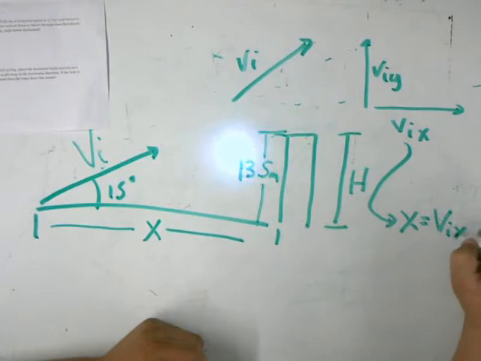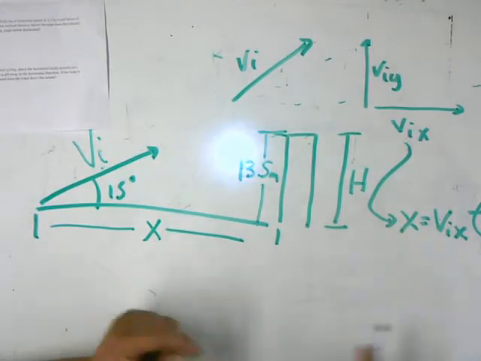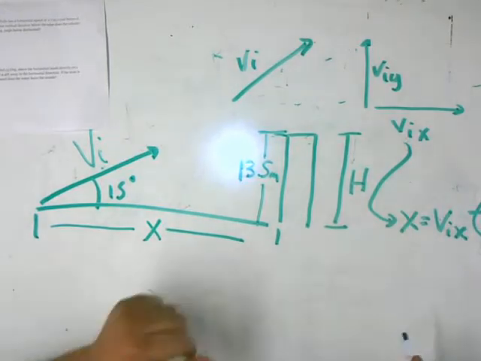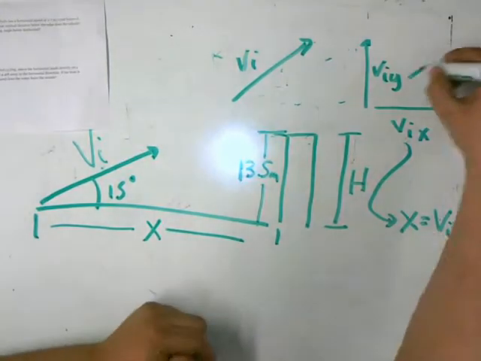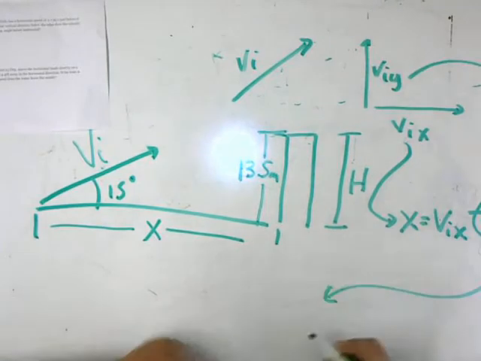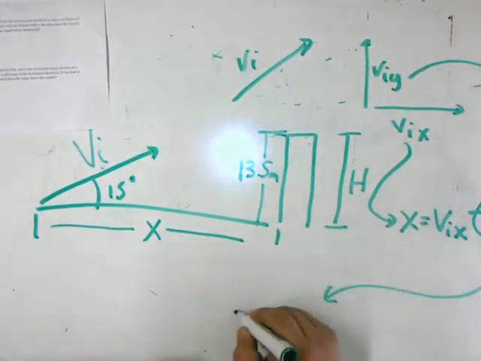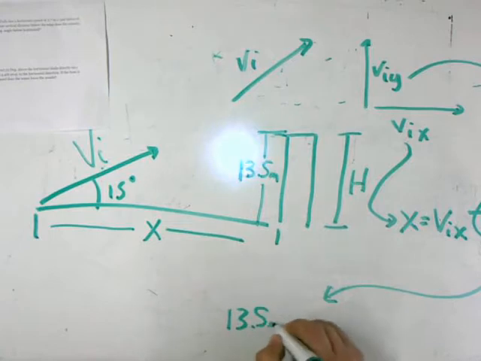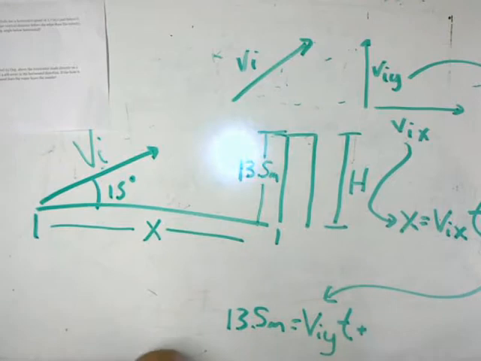And then I can say the same for the Y motion, where I have acceleration: 13.5 meters is equal to V initial in the Y times time plus 1/2 times -10, for the acceleration due to gravity, times time squared.